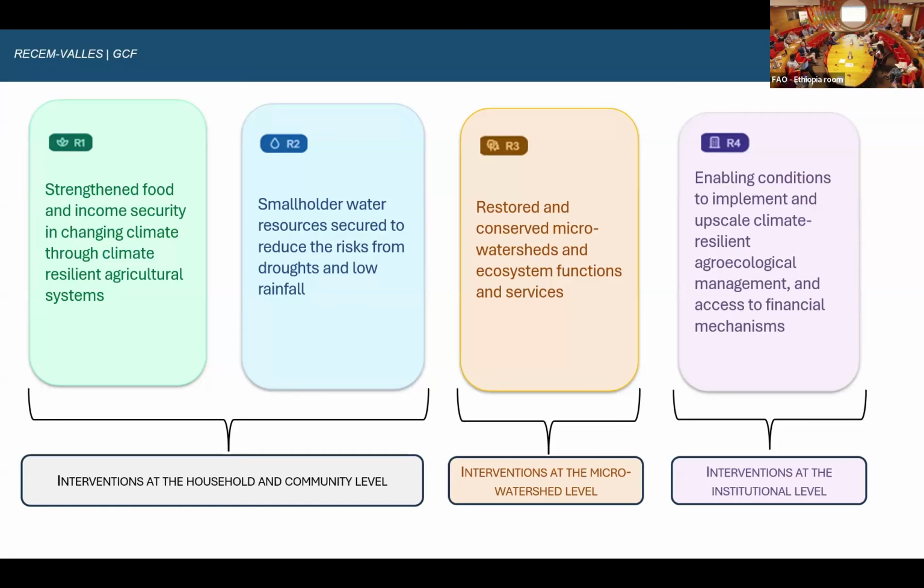The first 2 look at targets, households, and community. The third one, the macro watershed level. All right. The third one, for the macro watershed, is about restoration of macro watershed and ecosystem function services.